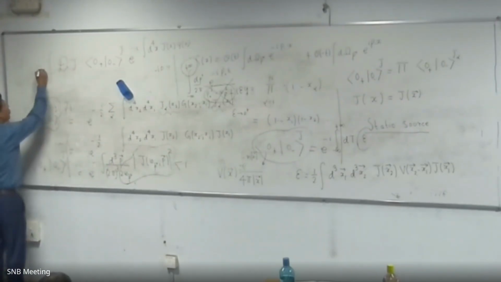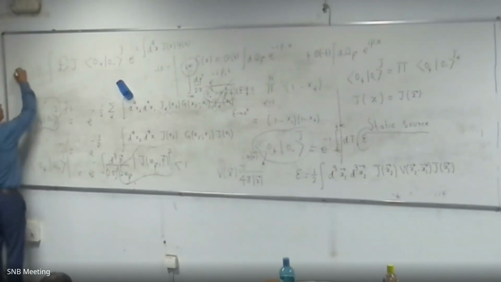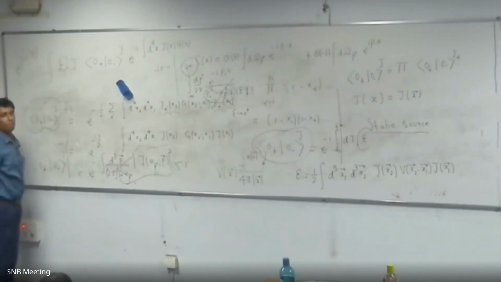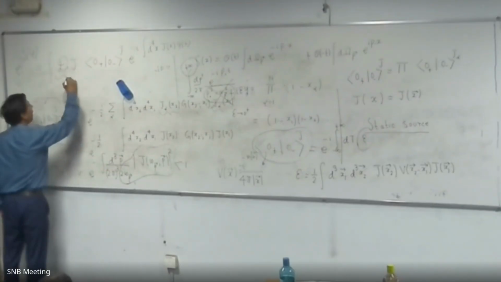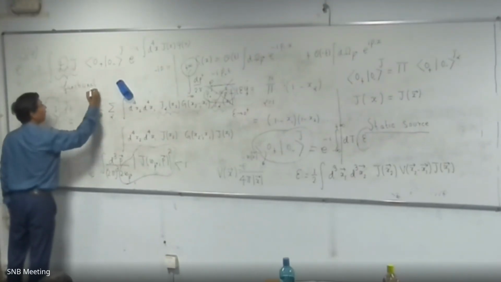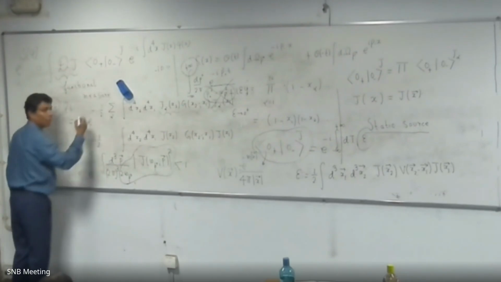And you will be able to show that this is precisely this. And what is this D phi? This is that measure that was there. This is a functional measure.